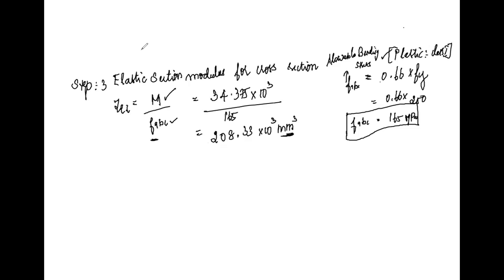By knowing the section modulus Zez, we can choose the section. In the question, it is given as the lightweight I section, but they don't denote the specific section. By knowing the section modulus, we can choose the specific section.